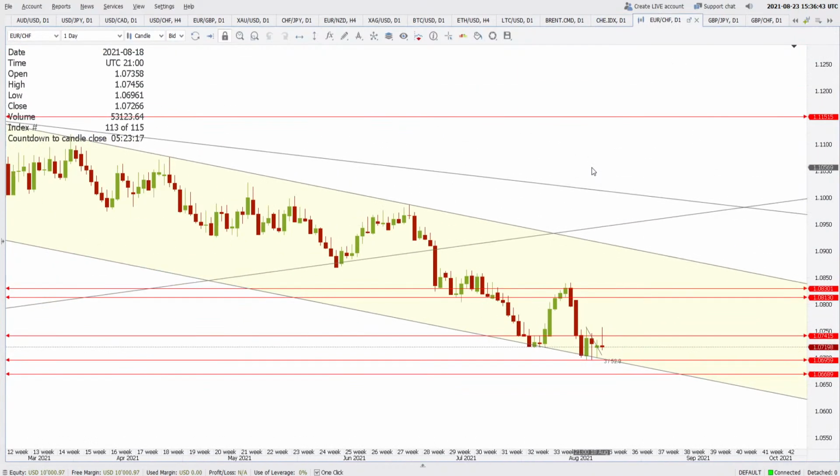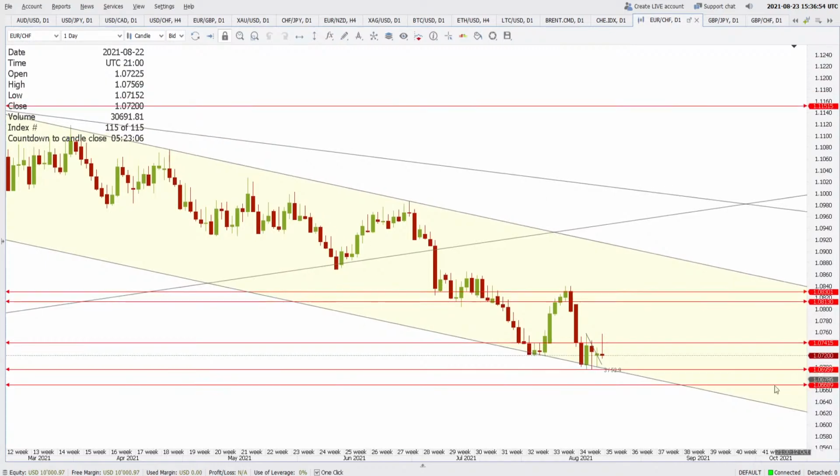Euro CHF, very clean chart. 1.0741 region is a good resistance. 1.0695 is a support for the price. Right now, if you are looking for a selling opportunity, keep in mind that your stop loss will be higher than the high that the price has made today, and your first take profit will be 1.0695.